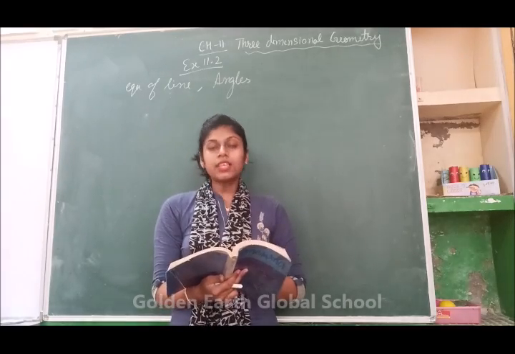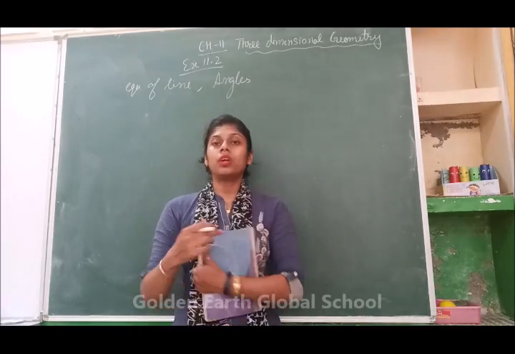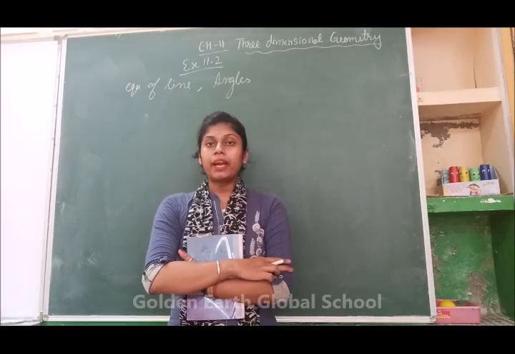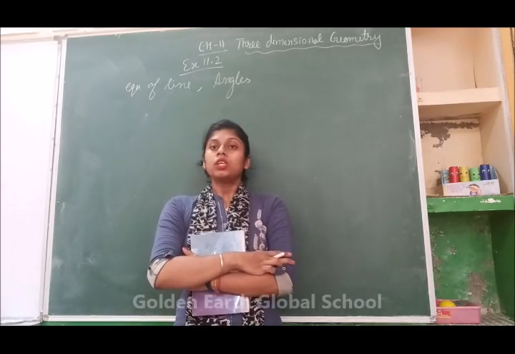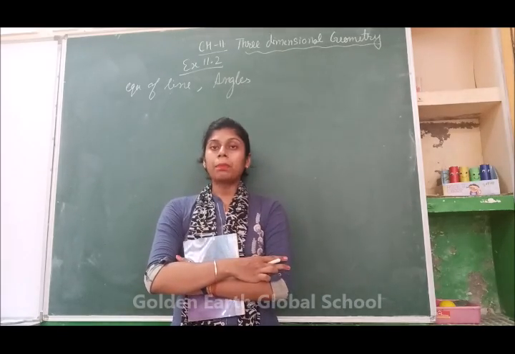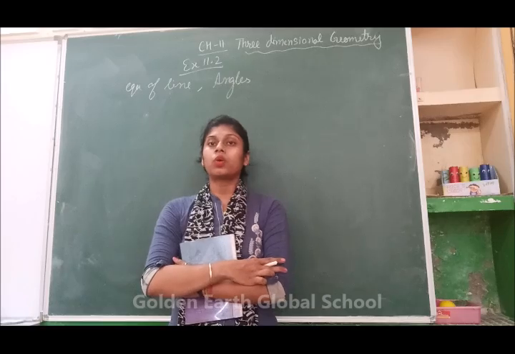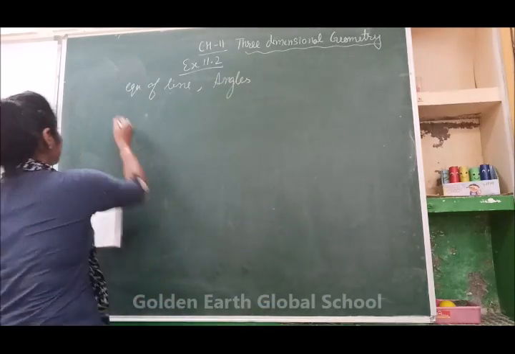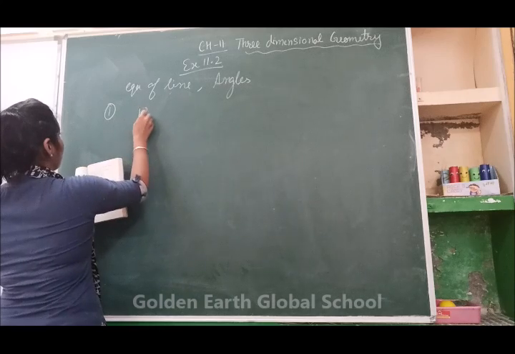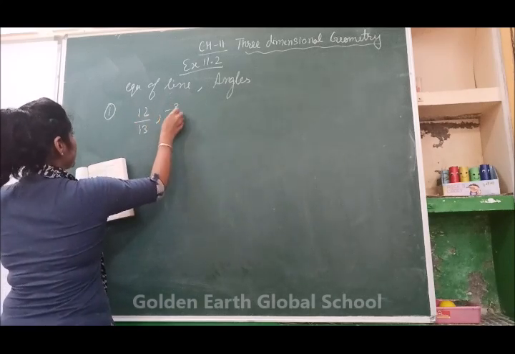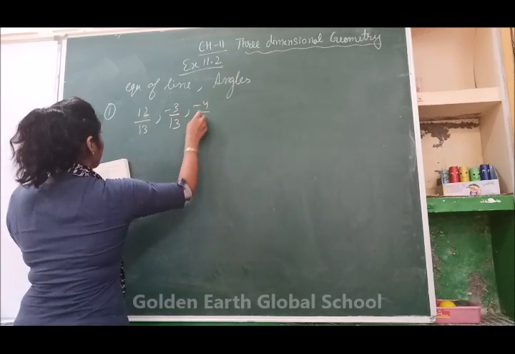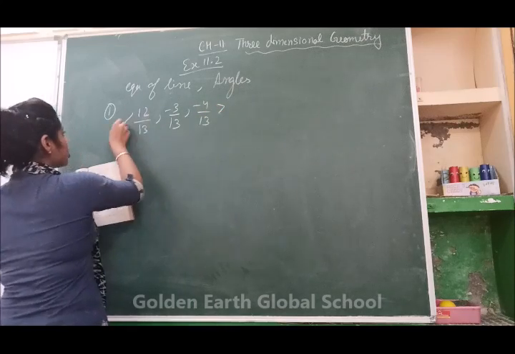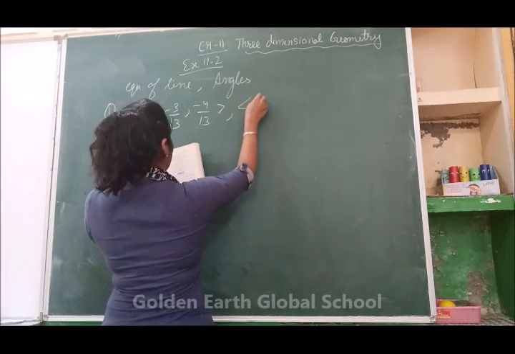How will we check? What is the condition for mutually perpendicular? If two lines are mutually perpendicular, the dot product of their direction cosines should be equal to 0. See first question: 12 by 13, minus 3 by 13, minus 4 by 13. These are the direction cosines of the first line.